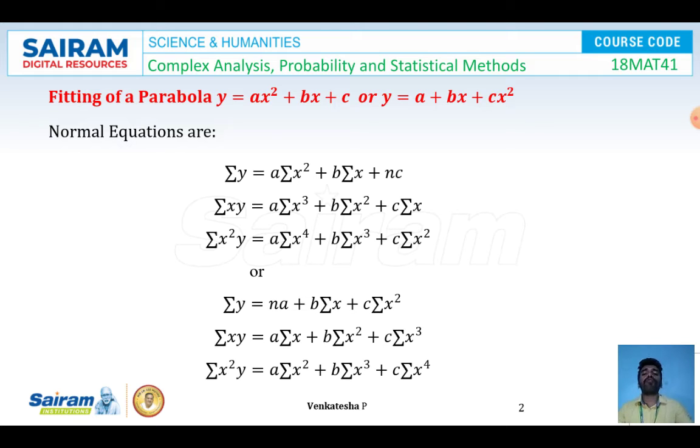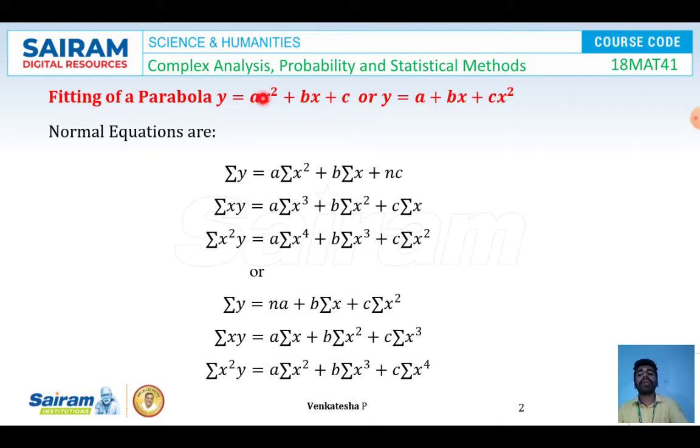The curve of the form y = ax² + bx + c has been given. The first step is to apply summation to the equation y = ax² + bx + c. So I got the equation Σy = aΣx² + bΣx + nc.